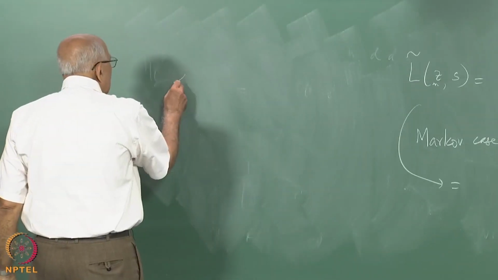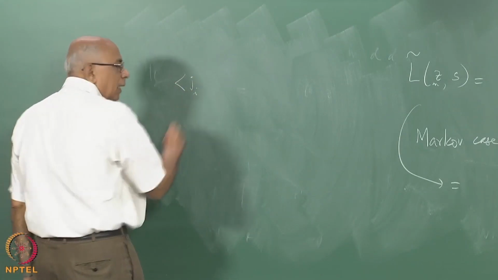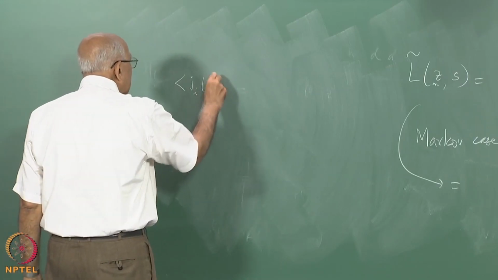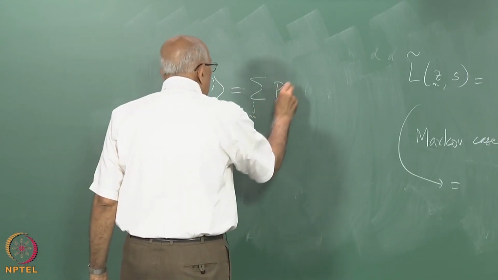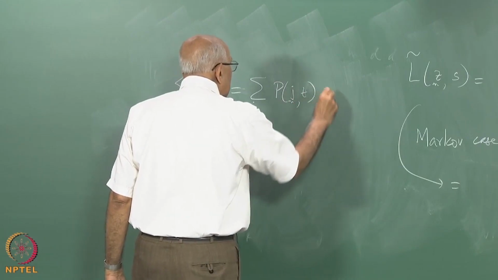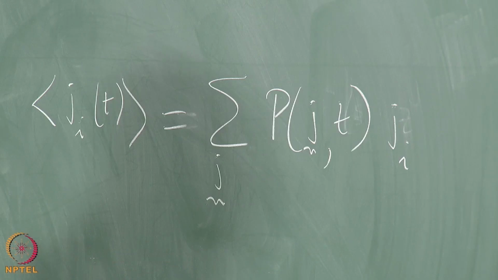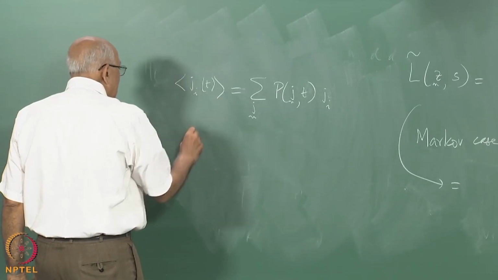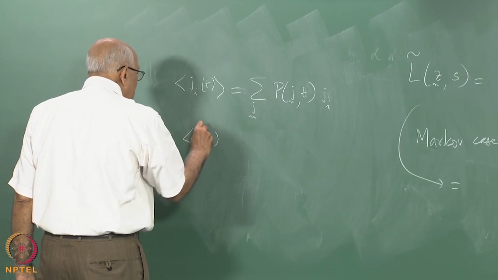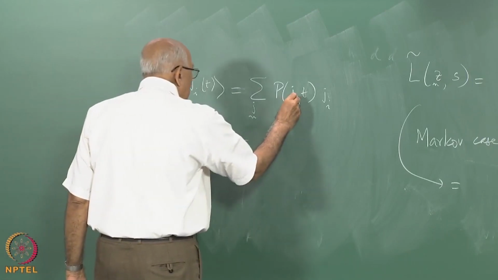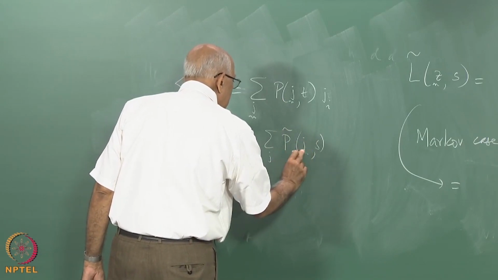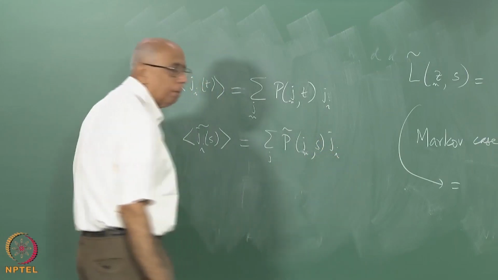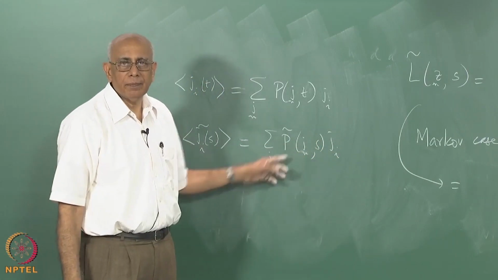You see, what I want is j, any one of the j's, so j_i as a function of t. This is equal to a summation over all the j's of p of j, t times j sub i, any particular j_i. So the transform of this, j_i of s, has a p tilde of j, s times j sub i. I need to pull down a j_i. How do I do that from the generating function?